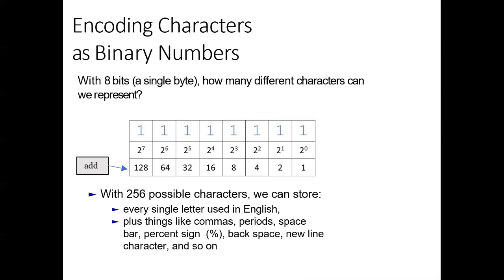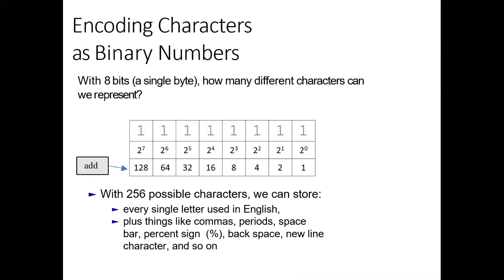So with a single byte, we can store every single letter used in English. And for the computer, both uppercase and lowercase are totally different things, but that's okay because if you add 26 uppercase plus 26 lowercase, we're still at 52, which is significantly lower than 256.